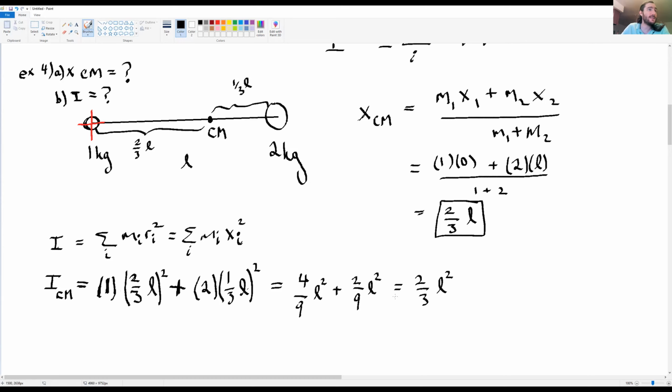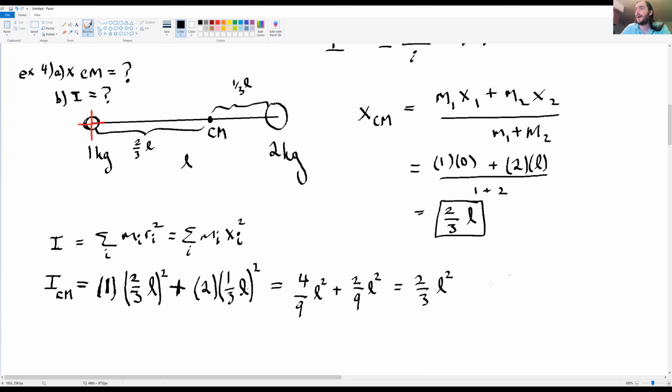So this is the moment of inertia of this stick with two masses on the end, and the stick in between the two masses is very light, so it doesn't factor into the moment of inertia calculation. So it's like two masses connected by a massless rod.